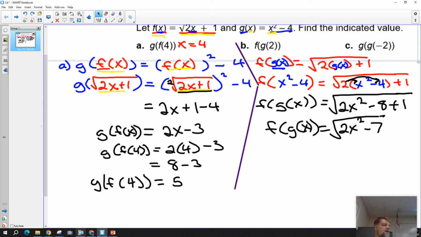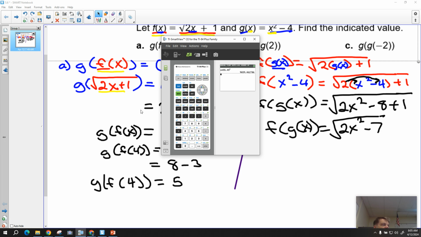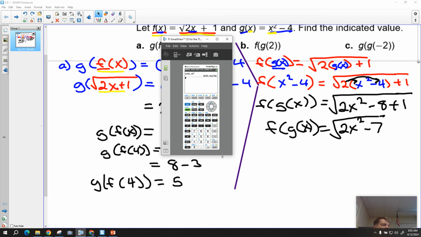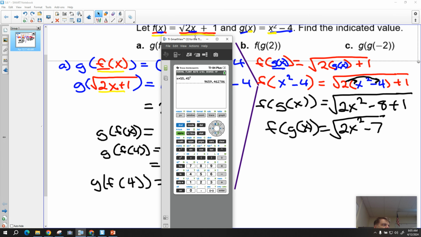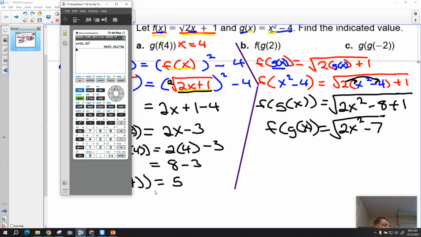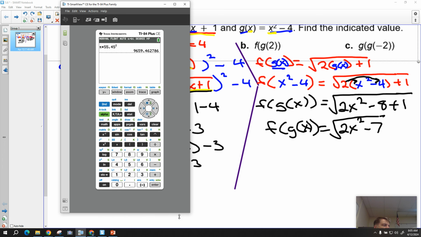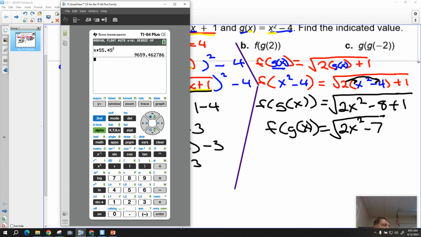Well, I'm going to turn on my calculator because we need to evaluate this at 2, okay? So to evaluate this at 2, I'm going to say the square root of 2, but I'm going to plug in 2 for x.